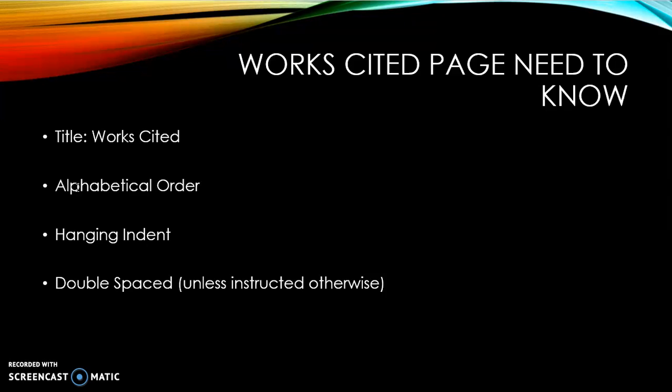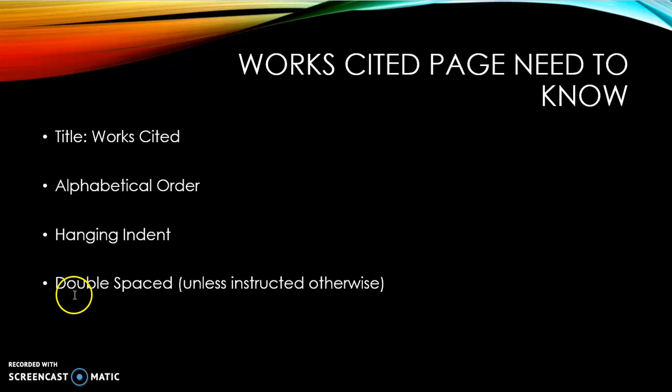They do not have to go in any particular order as far as the type. It's like if you have a book and an article and a website, those don't go in any particular order. It's only in alphabetical order. So it could go book, article, book, website, newspaper, book, it doesn't matter.